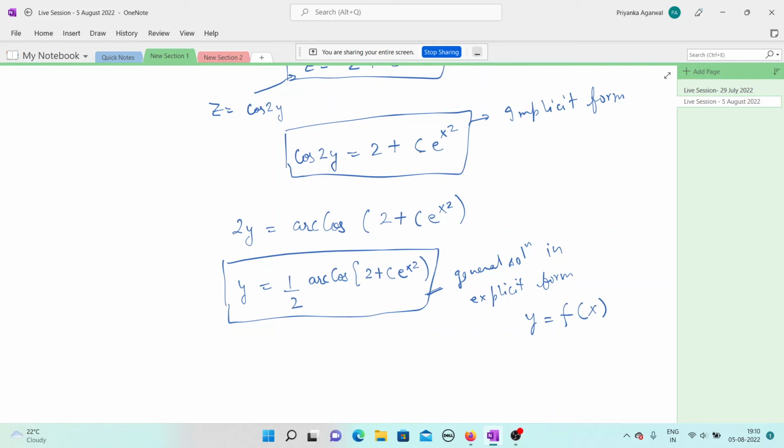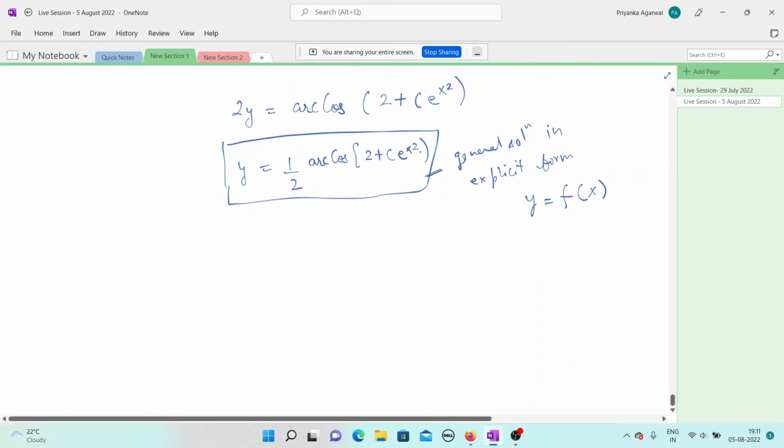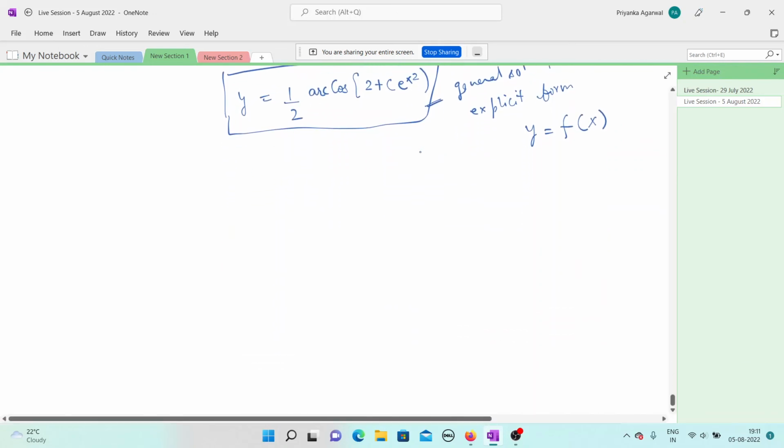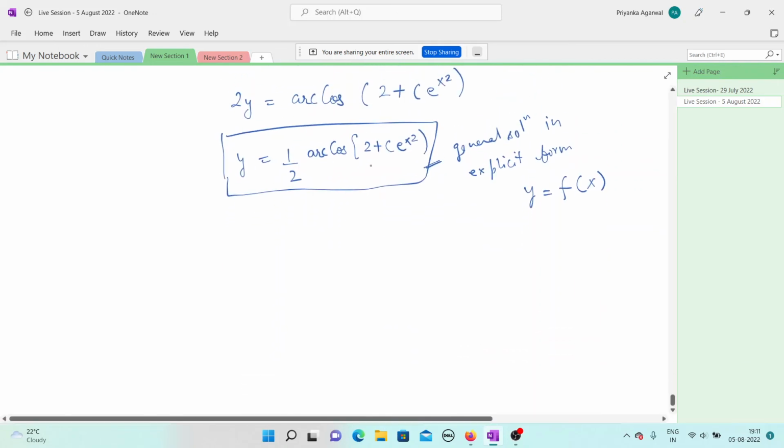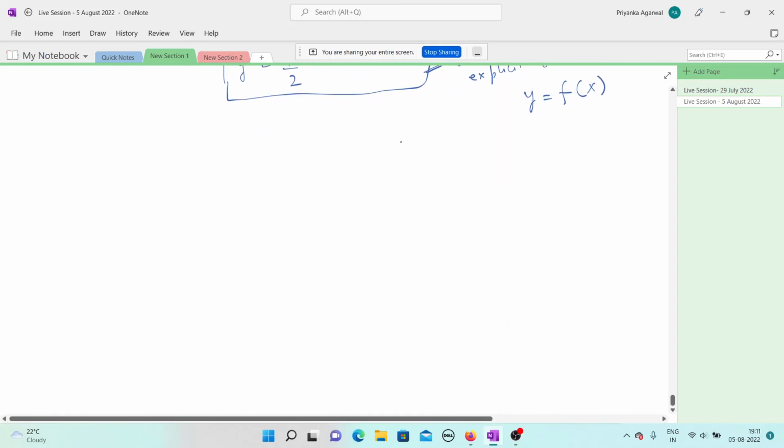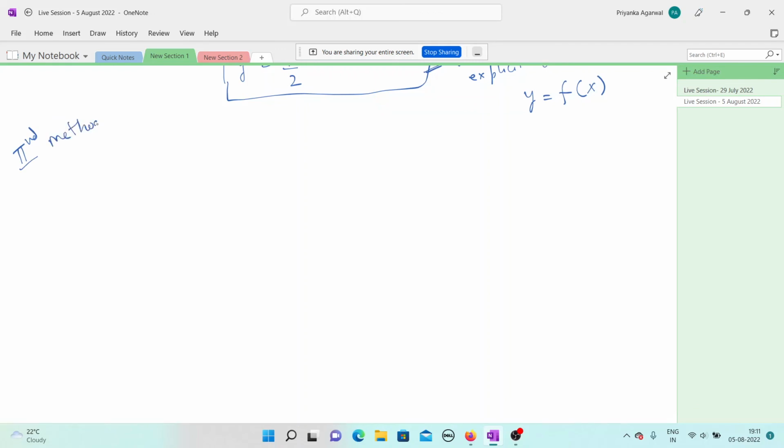Now there is another way by which we can solve this equation, and that might give you a simpler answer. See, this seems to be a very complex solution. So for that, let's see how to proceed. The second method is separation of variables, the very first technique which we have learned.